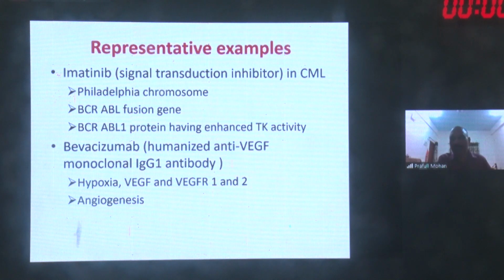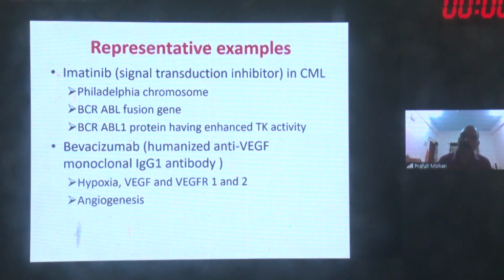So one genetic mutation, one target, a drug which blocks the activity of this target, and we have a much better treatment of a disease which was not so well treatable before imatinib. So in this we are trying to target something which is intrinsic to the cancer cell.